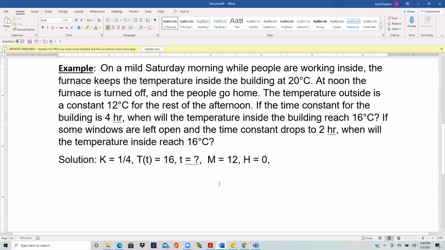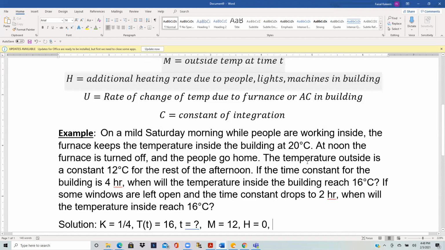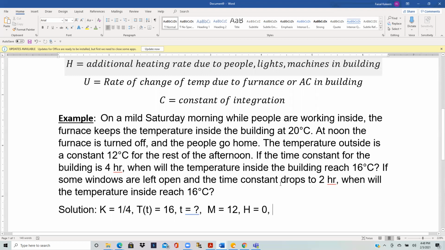That's 12. And now the inside temperature: since the furnace is off at noon, there is no additional heating because of the furnace. So U is also 0, because U is the rate of change of temperature due to the furnace, and since the furnace is off, there is no change of temperature because of the furnace.